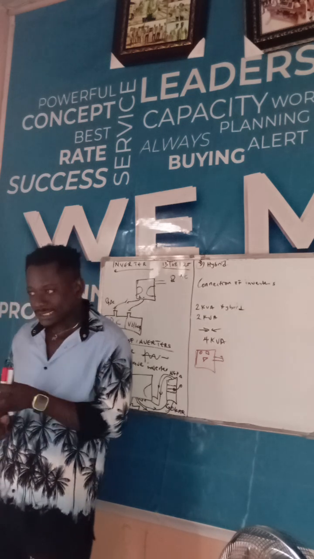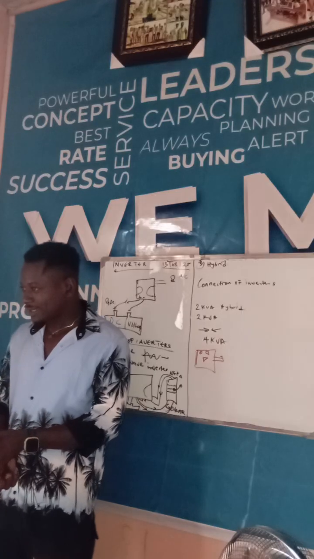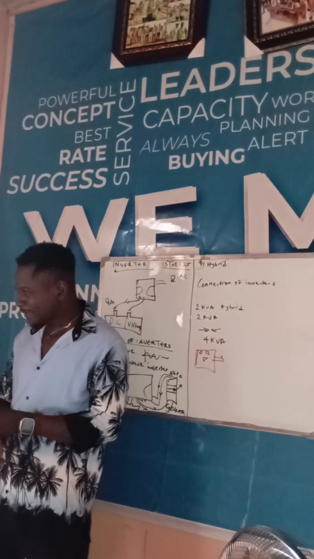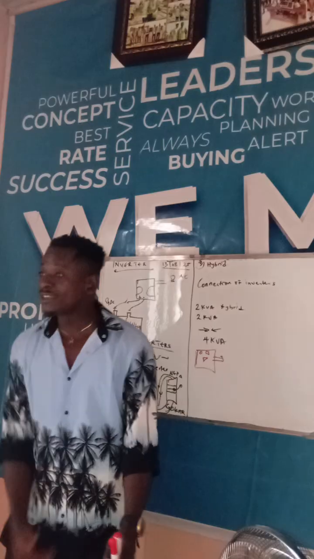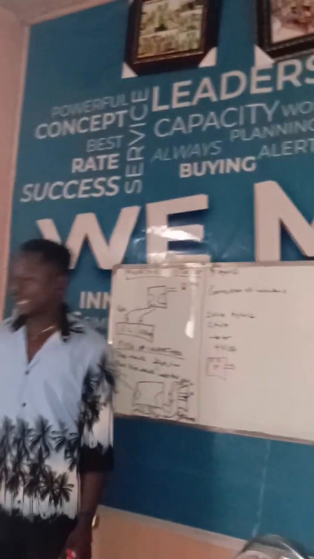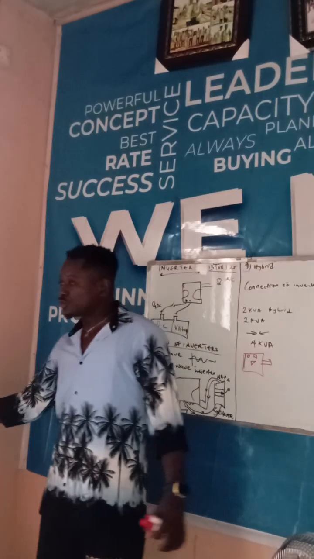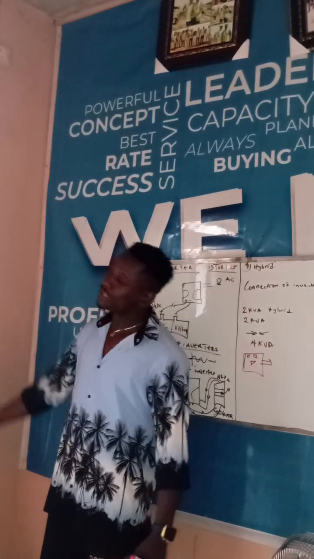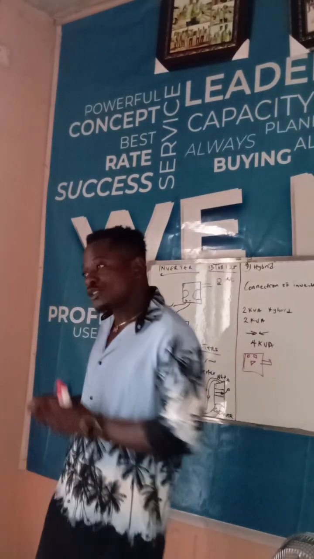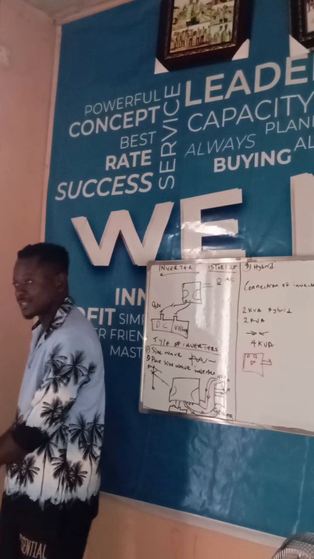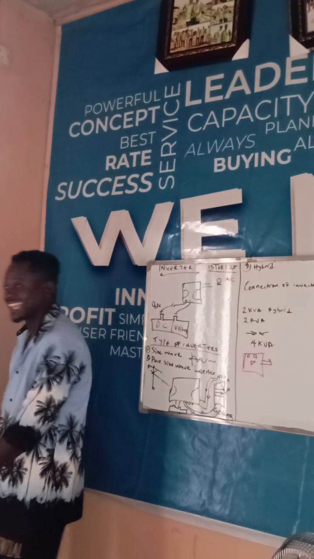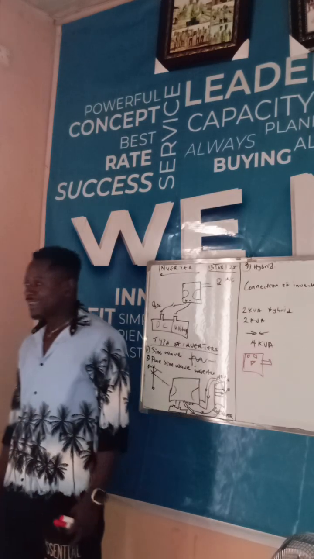No other thing should be used here. Are you getting what I'm saying? Since I didn't isolate the AC, and I didn't isolate the blender socket too, they removed it, went to where the inverter is connected, and connected the blender. Everything now.